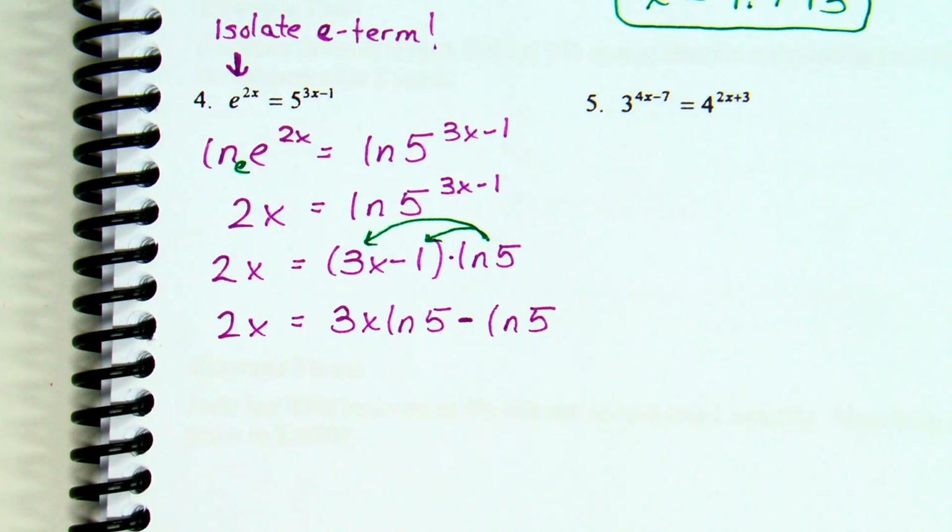So now I have a 2x, I have a 3x natural log of 5 term, and a natural log of 5, which is just a number. How can I get my x's on the same side? You don't want to divide the 3x yet.